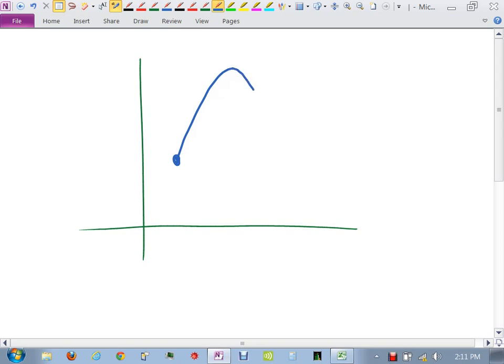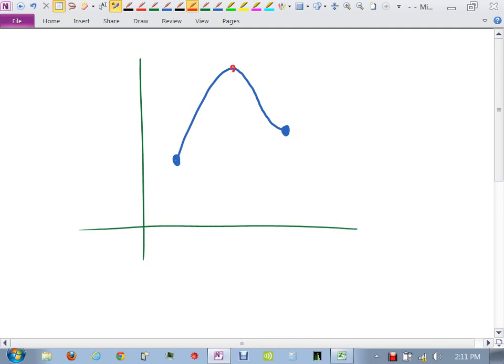Okay, so let's just take an example here. I've got a function. I'm going to draw. It's going to start here. Let's say it goes up, and then it comes down, and it stops right here. Is that a continuous function on a closed interval? Yes. Does it have an absolute maximum? Yes.